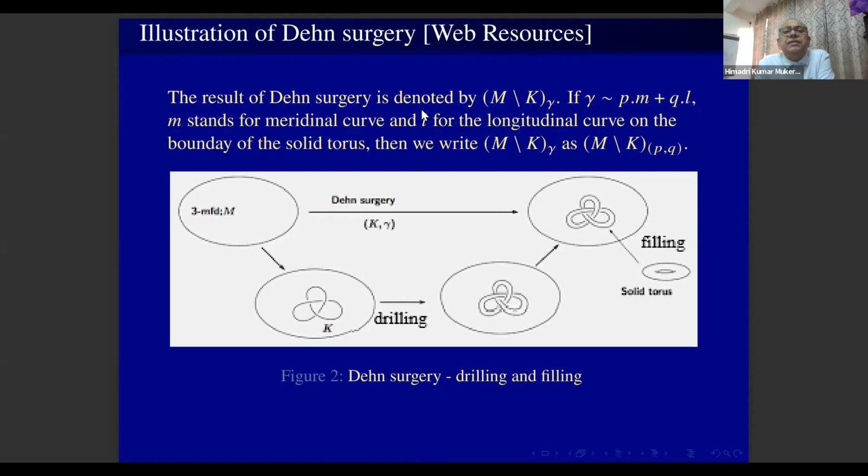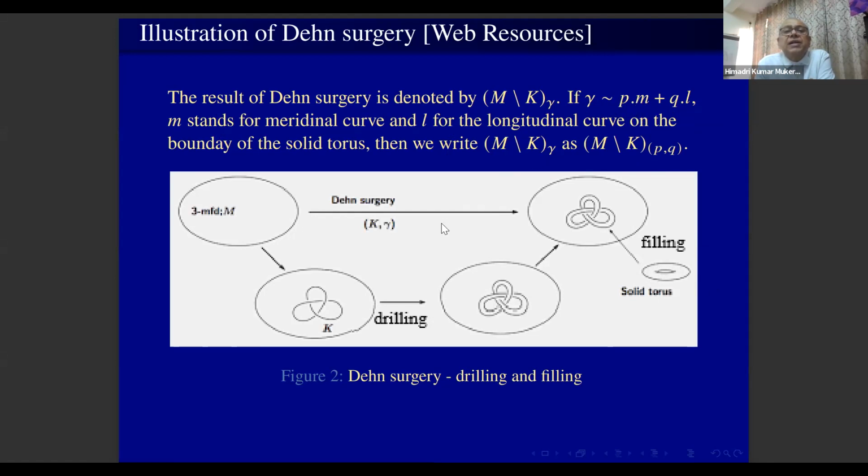The result of Dehn surgery is denoted by M minus K with gamma. And if gamma is a curve homologous, homologous means if you look at H1 of the manifold, the first homology group, if it is homologous to P times m plus Q times l, where m stands for the meridian curve, a curve like this, and l is the longitudinal curve, a curve like this.